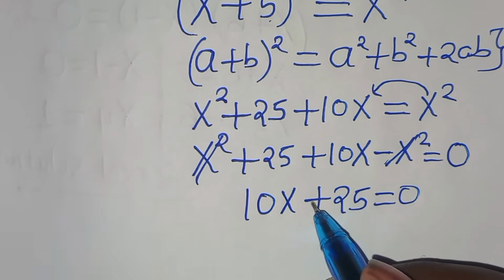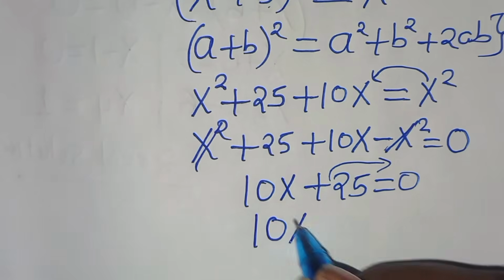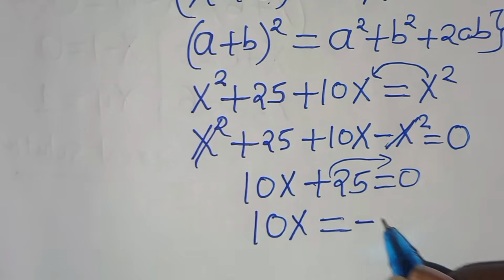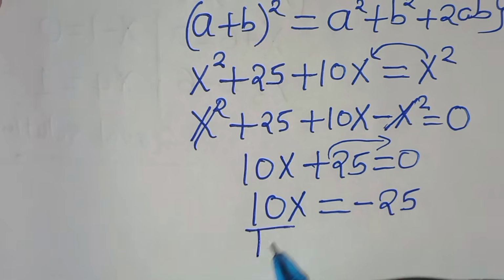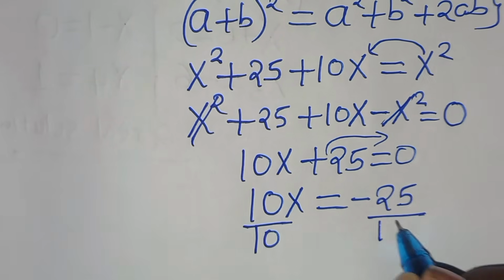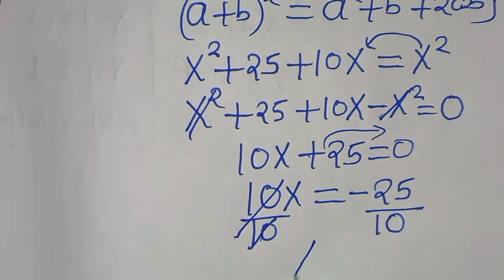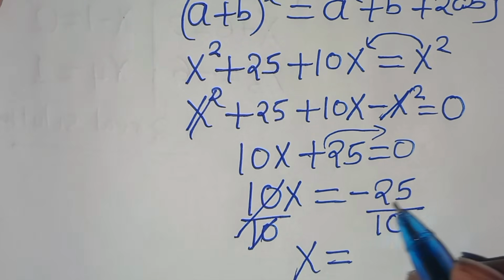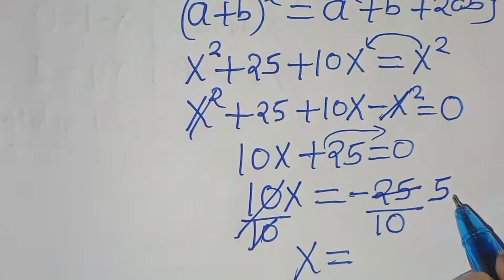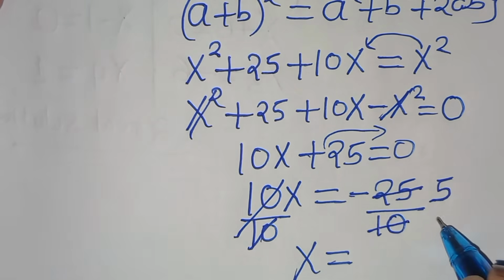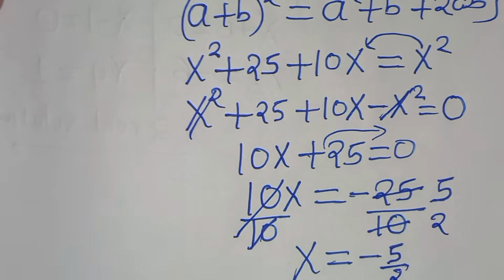Now let's take plus 25 on the right hand side, and this means that 10x is equal to negative 25. Now let's divide both sides by 10, and we can simplify also by 5, negative 25 divided by 5 is minus 5, then 10 divided by 5 is 2. So we have x is negative 5 over 2.